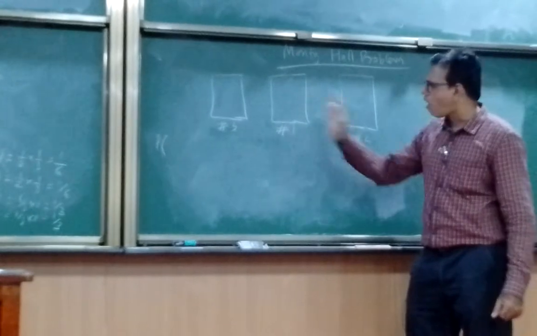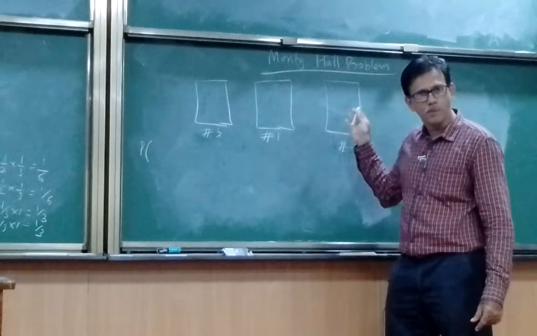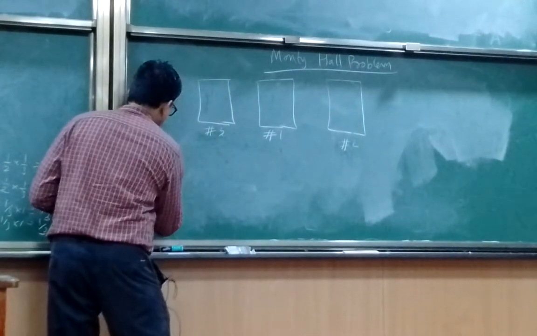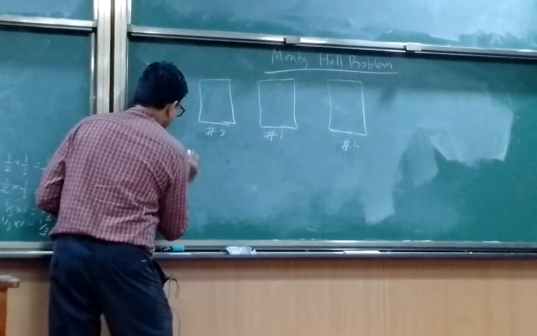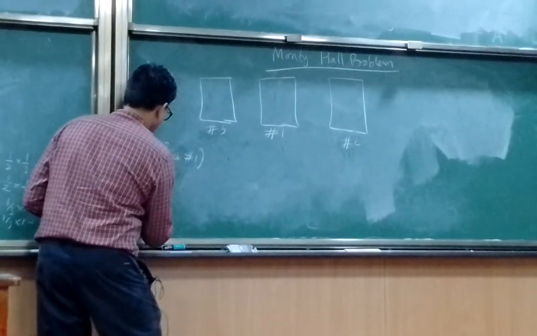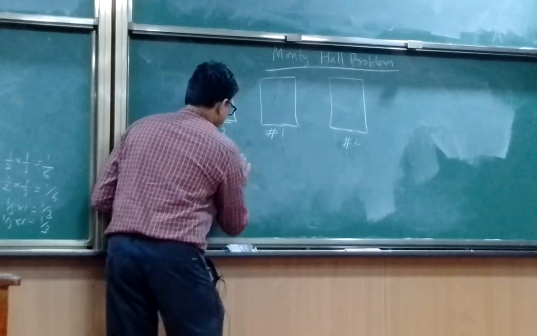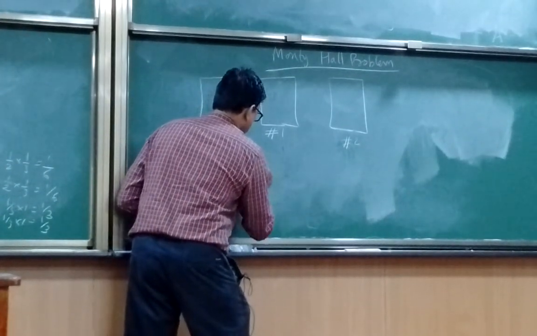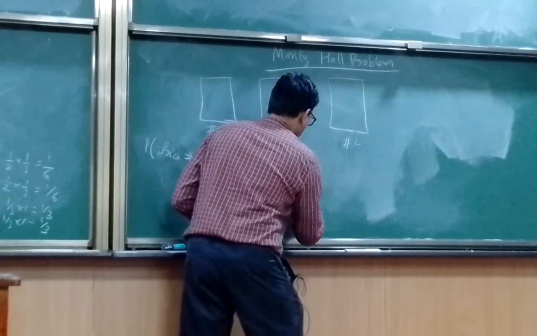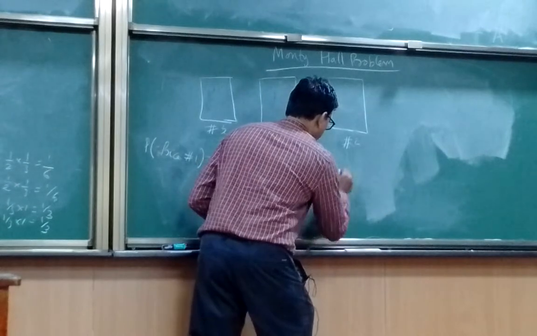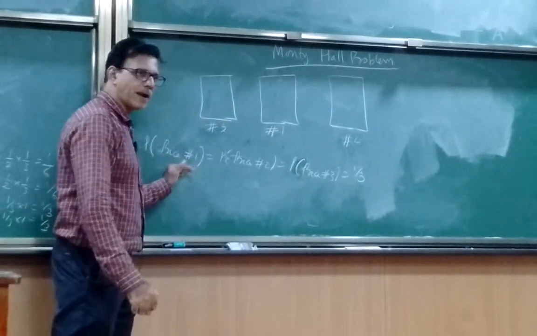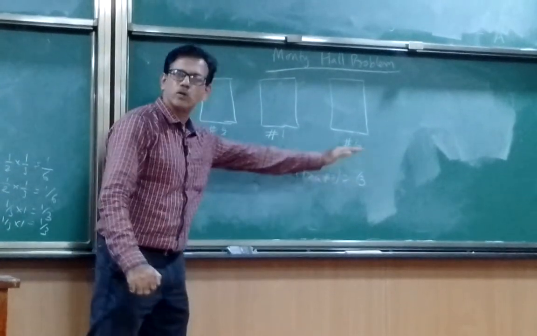Well, to begin with, all doors are equally probable of having the prize. The probability that door number 1 has the prize, and so on: the probability that there is a prize behind door 1 or door 2 or door 3 is 1/3.